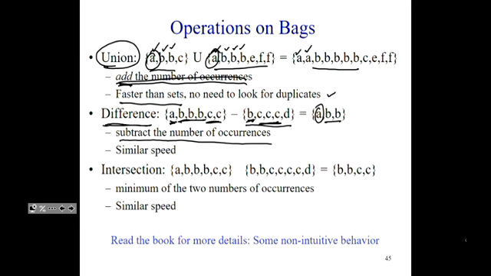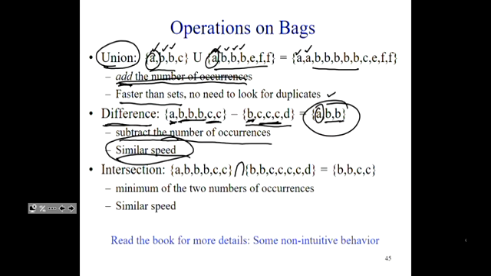You can't store -1 of something, so you're going to end up removing all the C's. So this is your final result. This is a similar speed, because in both the bag algebra and the set-oriented relational algebra case you might need to identify the number of copies and take that into account, and therefore it is a similar speed for both sets and bags.